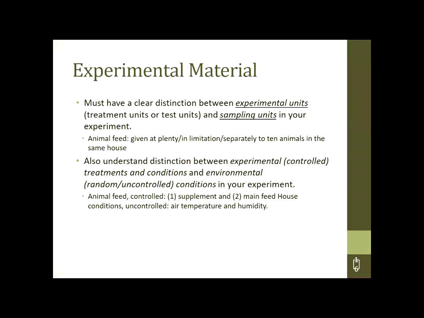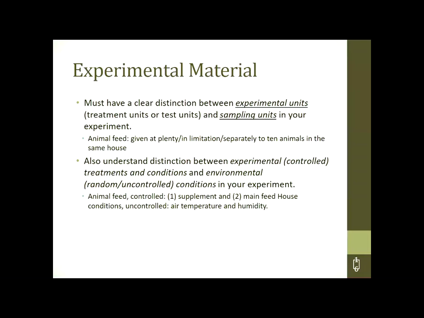So in the experiment we were talking about before about animal feeding, there are some things we controlled. All the animals are in the same house, growing under similar conditions, but there are also some uncontrolled variables in that system.